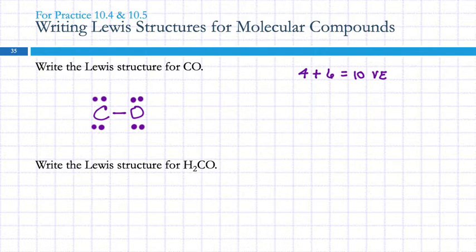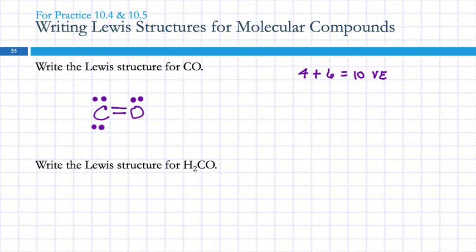To avoid counting again, we're going to think about taking this lone pair and moving it over here to be a bond. So we haven't changed the number of electrons, we're just shifting them around. So I'm going to take one of the lone pairs and put it in there and have it be a bond.